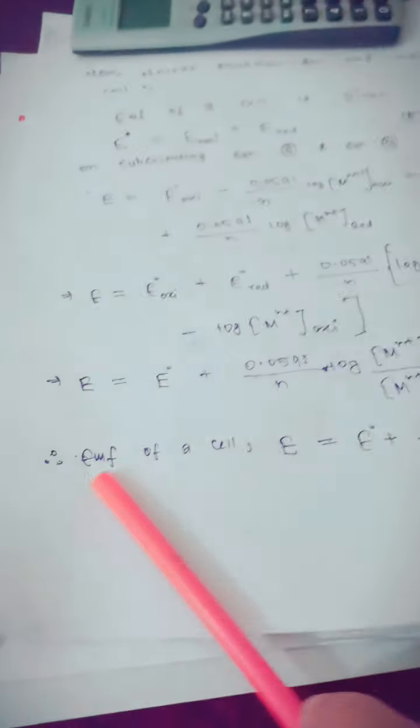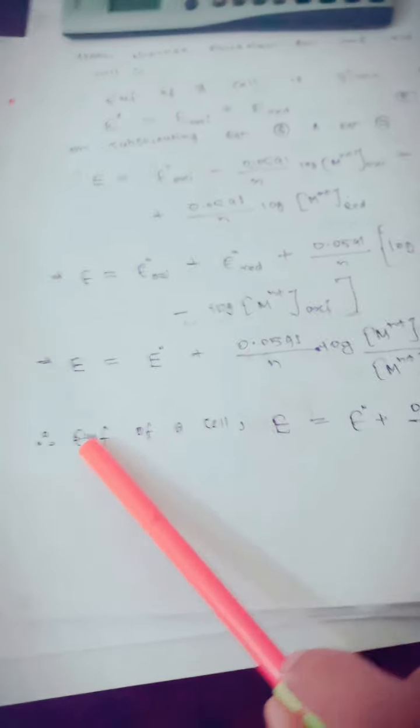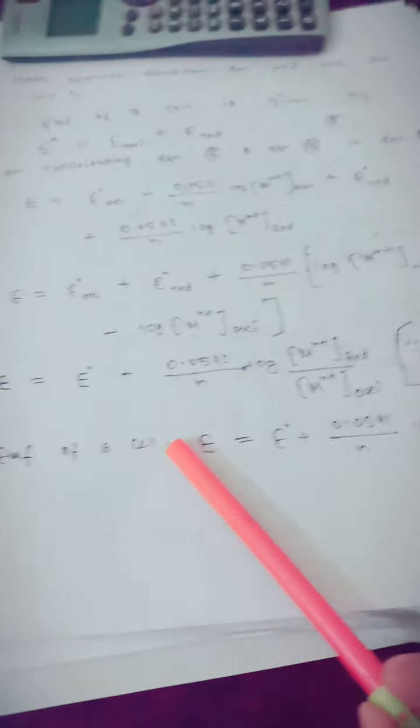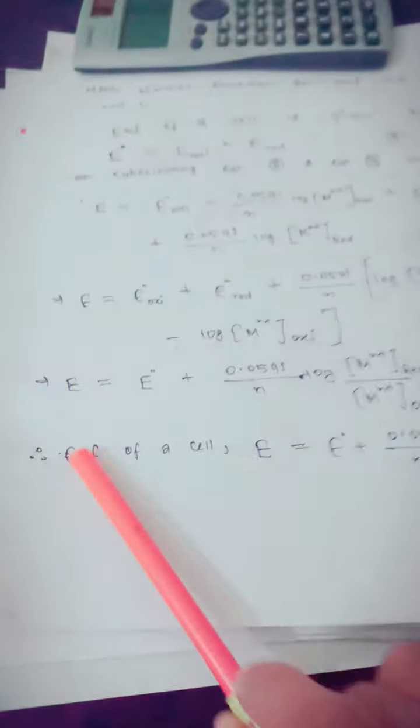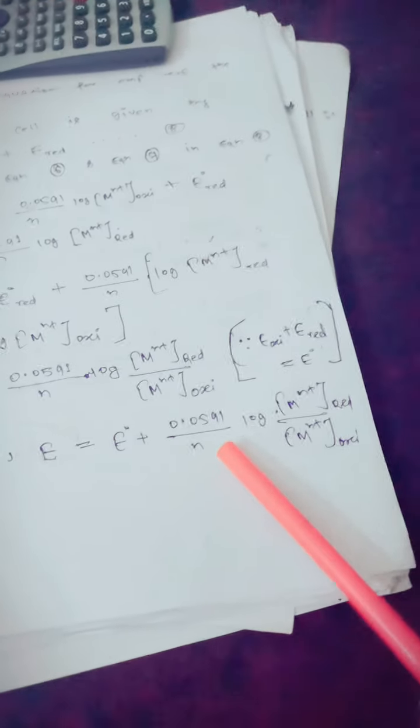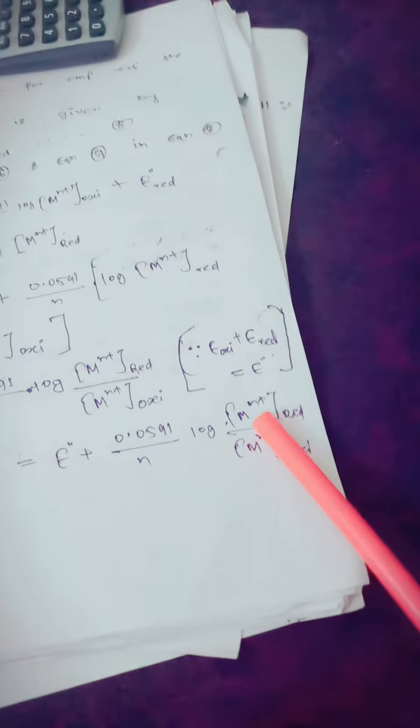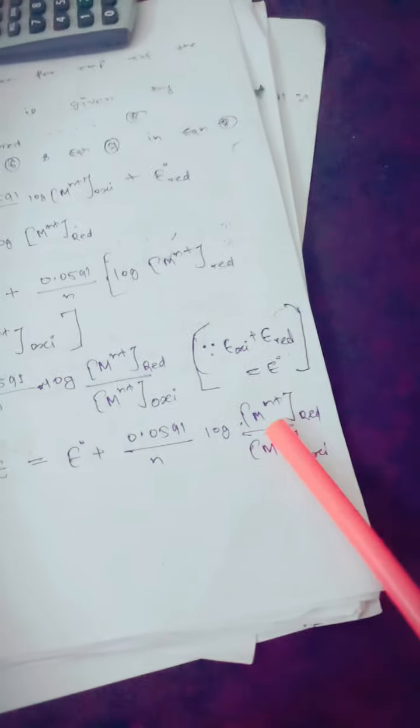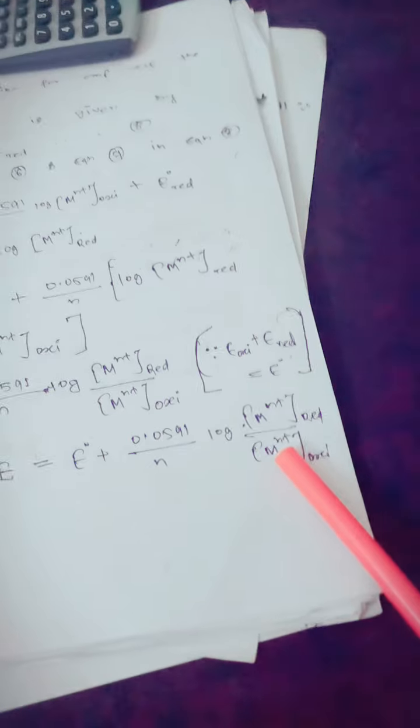Finally I can write the EMF of a cell: E is equal to E naught plus 0.0591 by n into log M power n plus for reduction potential by M power n plus for oxidation potential.